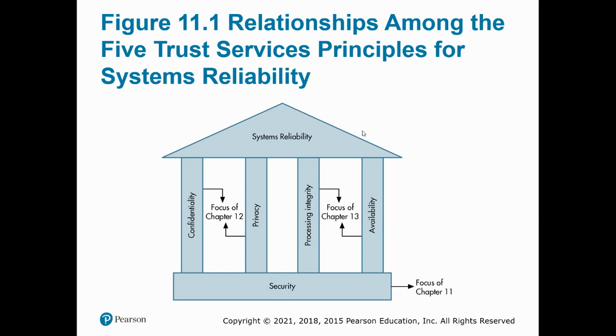Similar for good system reliability, you need a good foundation of security, and the walls are 4 pillars focused on maintaining good system reliability. And here you can see confidentiality, privacy, processing integrity, and availability. So all together as a system, it helps reliability of the organization's information system.